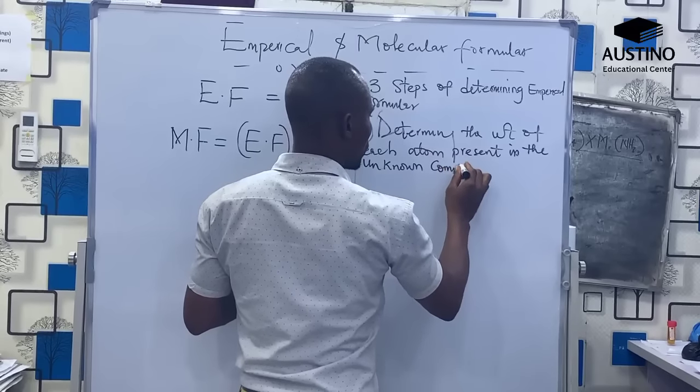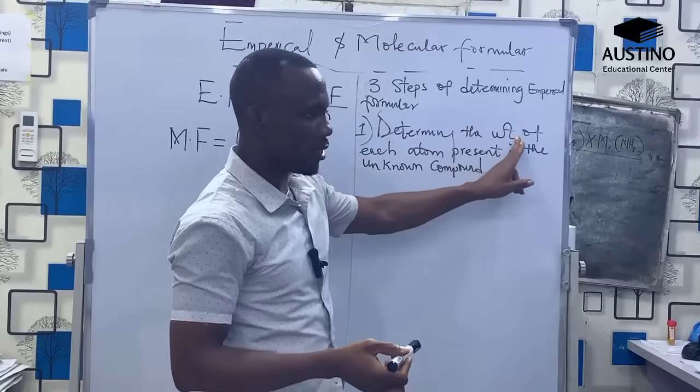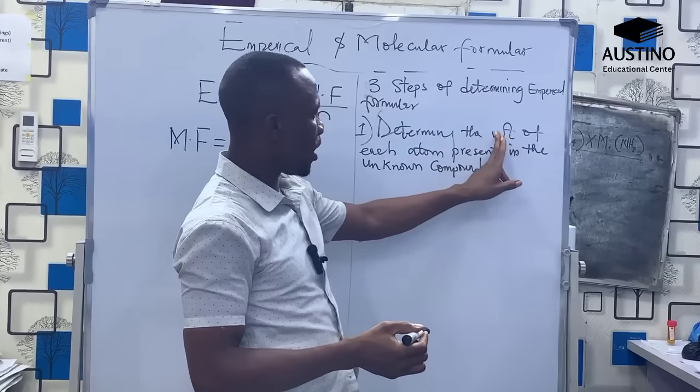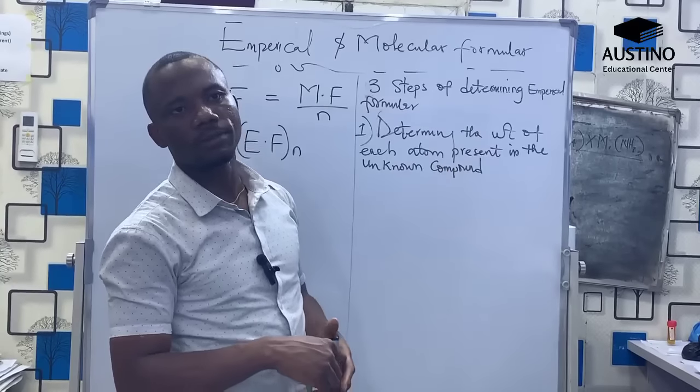That is step number one: determining the weight, WT means weight, of each atom present in the unknown compound.